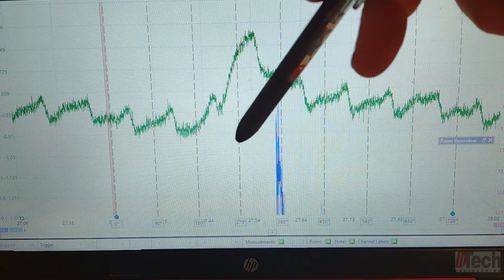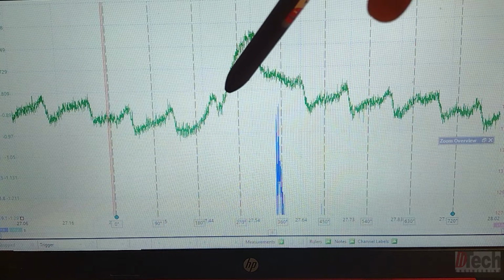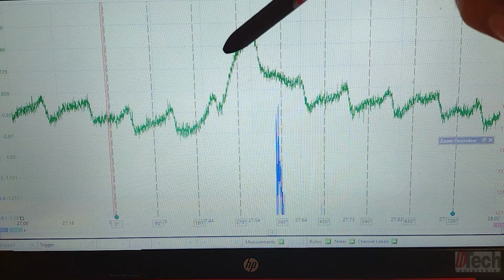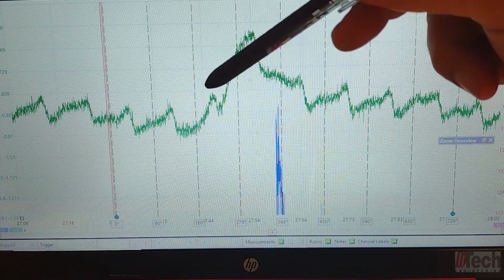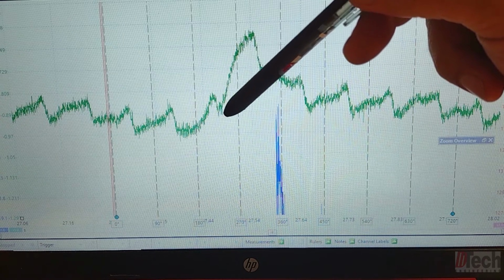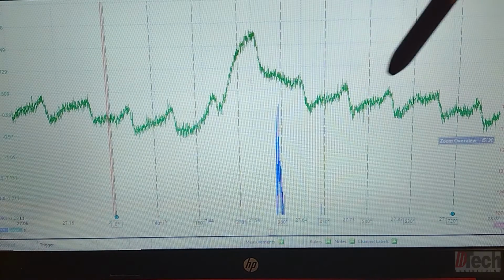Because it was coming up on top dead center, if it has a leaking intake valve, that is where this pressure rise comes. And how you can tell that it's due to a pressure rise is that it basically interrupts the pull of this cylinder here by cutting it short compared to the others.